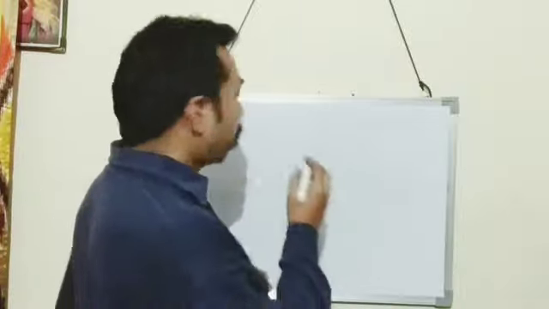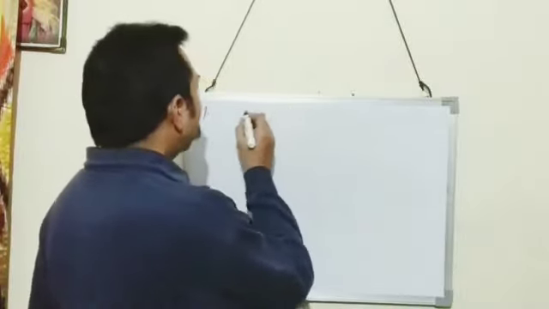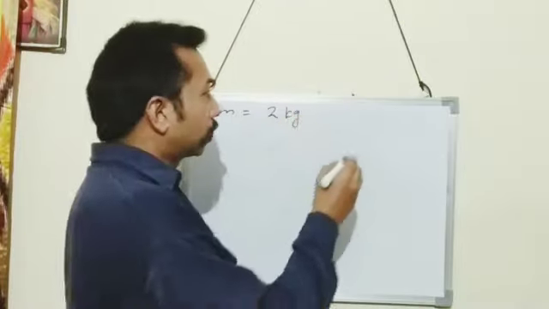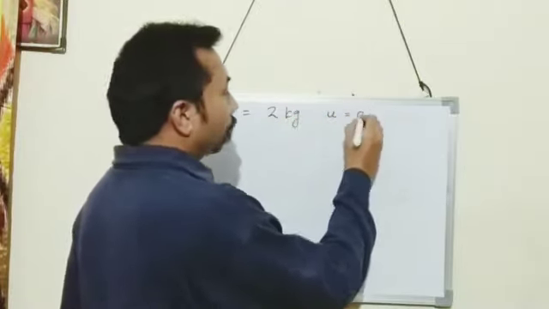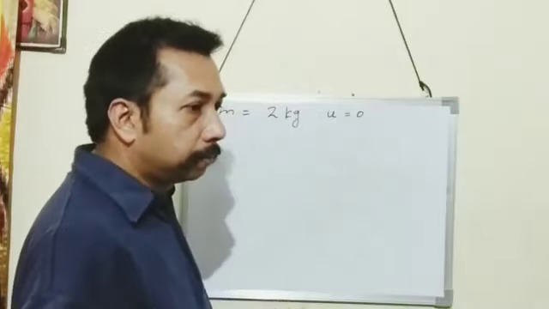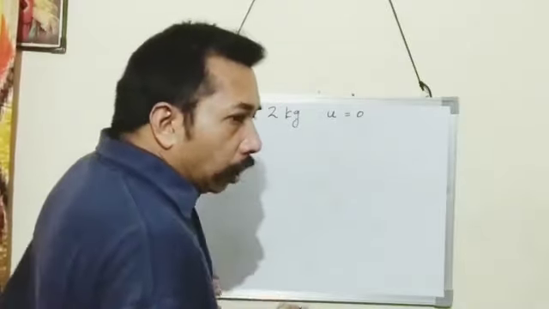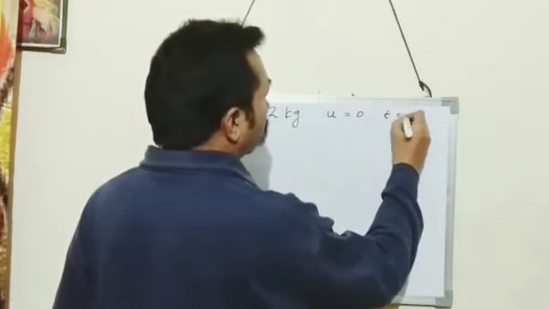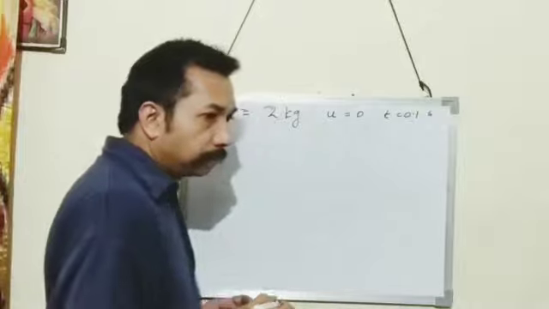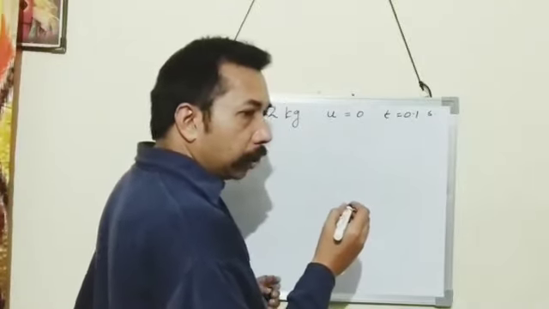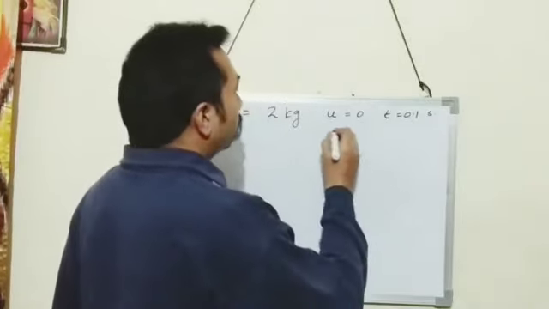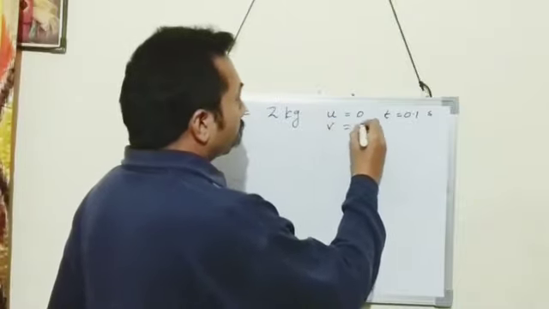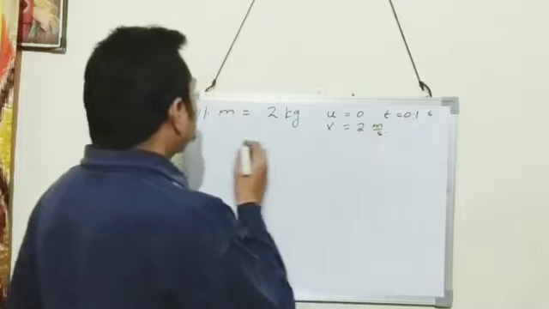So body of mass 2 kilogram, initially at rest, u is equal to 0. Then it acts for 0.1 second. Then after the force is withdrawn, body moves with a velocity of 2 meters per second.